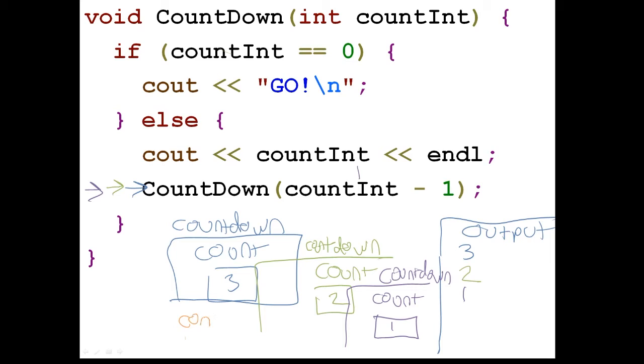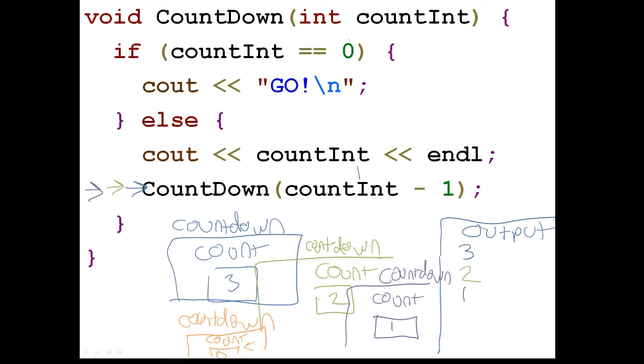And what we'll do is have another countdown function. The other thing I want you to realize is that because we have all of these functions, every time we make a new one, the other ones are kind of hiding. We're not really supposed to be seeing them. Anytime we refer to count, we're referring to the one we're currently in.